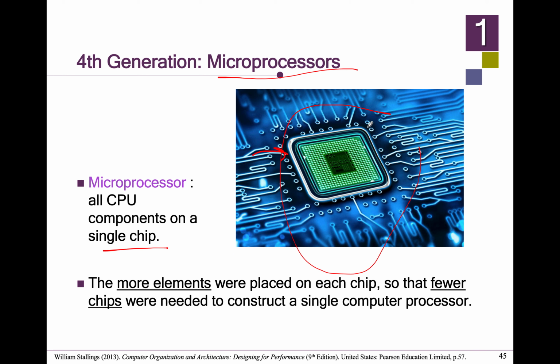If something happens, it breaks or burns, it might corrupt our computer as well. As more elements were placed on each chip, fewer chips were needed to construct a single computer processor.